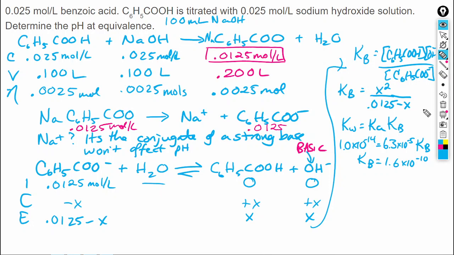Well, I should check because it'd be really nice not to solve the quadratic formula. Remember that test to see if you have to solve is the initial concentration divided by Kb. So that would be 0.0125 divided by 1.6 times 10 to the negative 10. Is that bigger than 500?